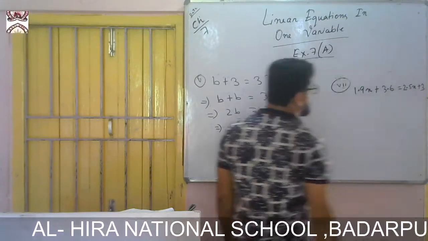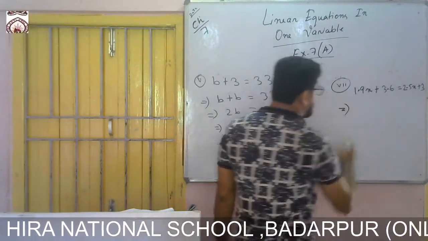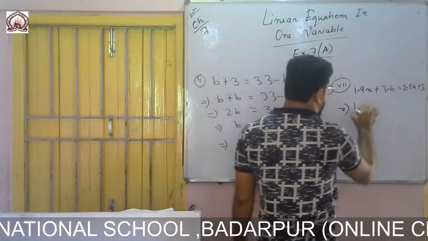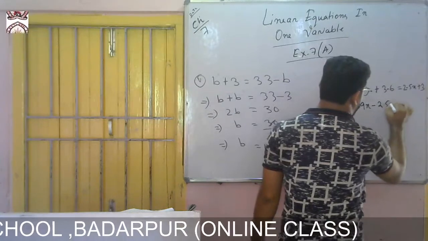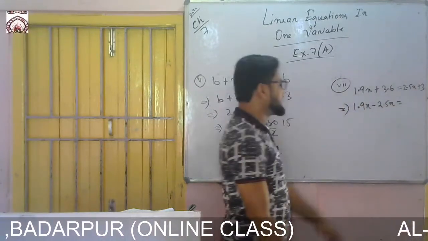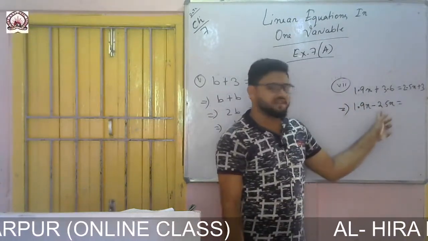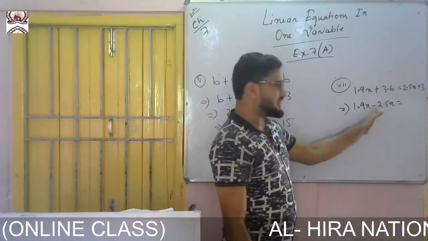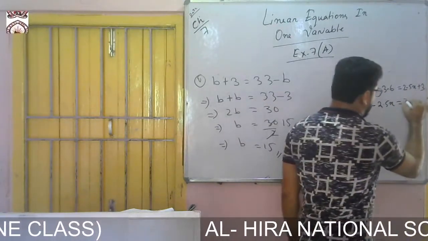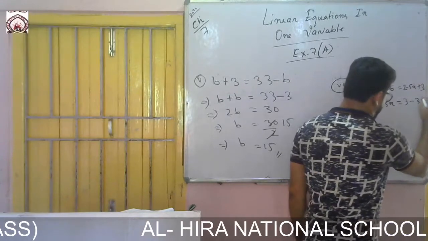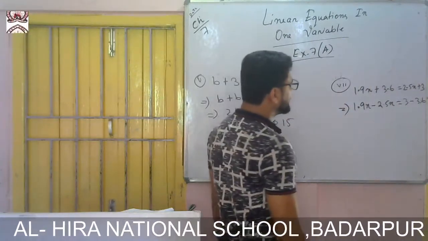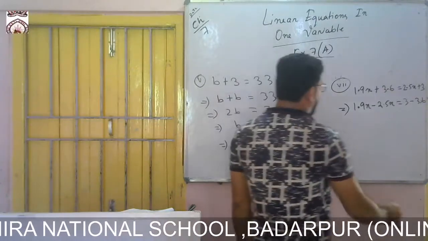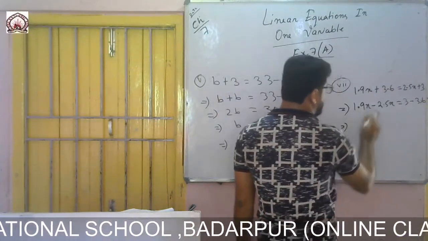Okay, so you take this one: 1.9x minus 2.5x equals, I have just transposed it on the left side, and 3 minus 3.6. Now plus minus minus.